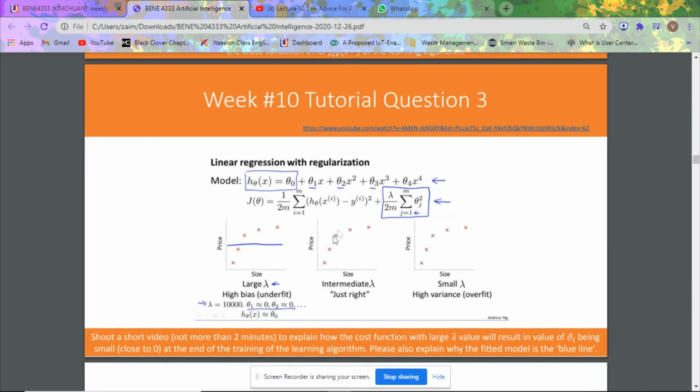So if a value of lambda such as 10,000 is used, the values of theta 1, 2, 3, and 4 will be heavily penalized and end up close to 0. Up to a point, this increase in lambda is beneficial as it is only reducing the variance, hence avoiding overfitting without losing any important property.